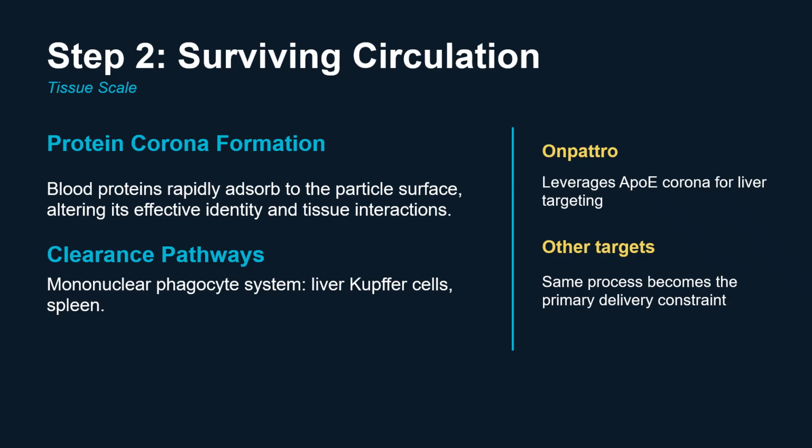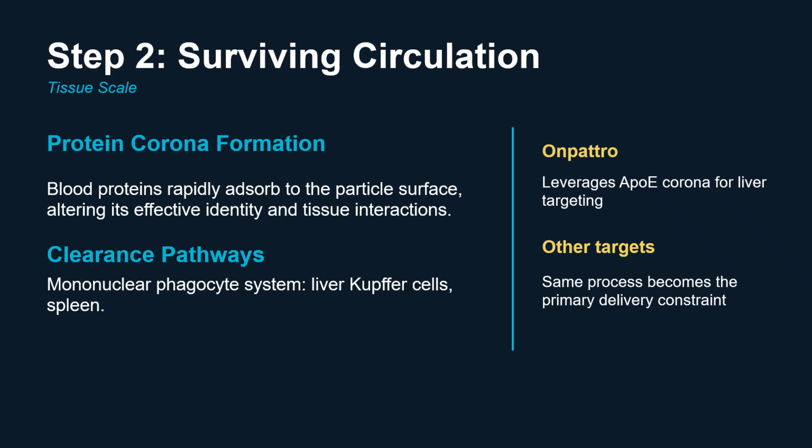At the same time, the LNP is being cleared by the phagocyte system. In one case, this works in our favor. The particle picks up ApoE and is taken up by the liver. For many other applications, the same behavior becomes a problem.